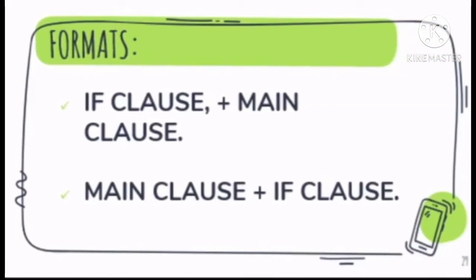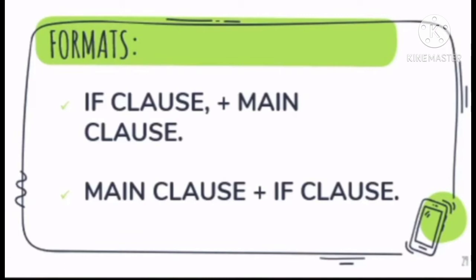Here are the formats in forming conditional sentences. We have first the if clause and then the main clause. You can also use it reversely, such as main clause and then the if clause. Let's have an example from the song given by the teacher.